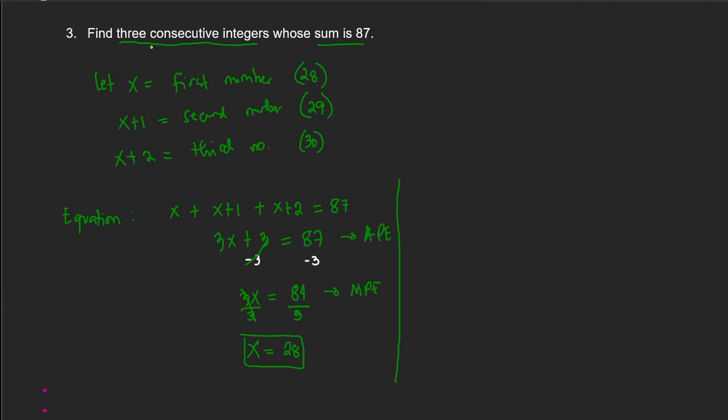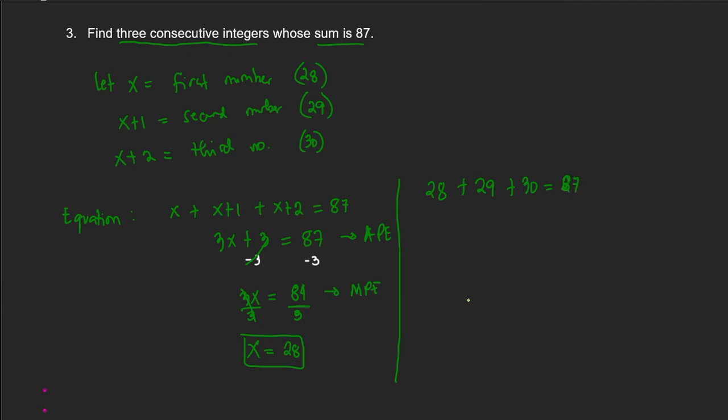Now, tinatawag siyang 3 consecutive integers kasi nagkasunod-sunod. So 28, 29, and 30. Now, if you check na pag i-add po daw natin itong tatlo, that is equal to 87. So let's try. So we have 28 plus 29 plus 30, that is equal to 87, right?